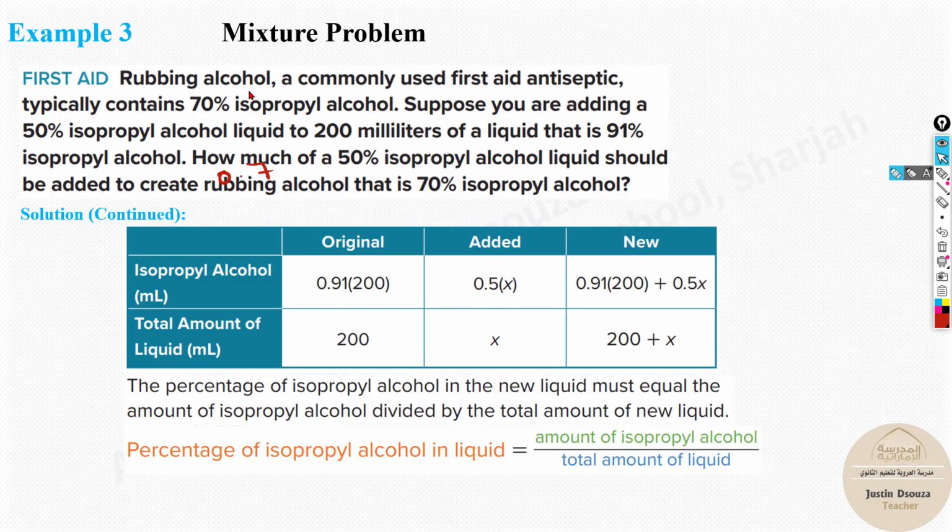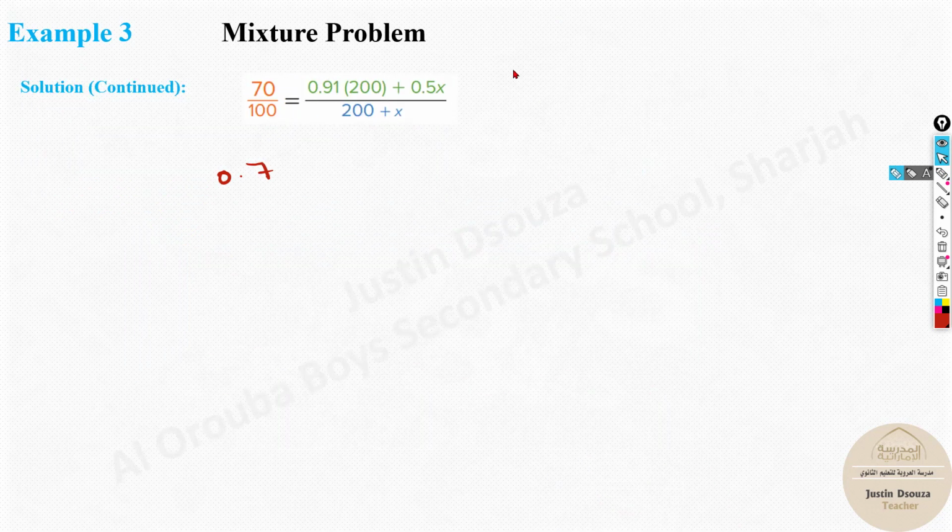If you have written all this, you can directly do this answer, I believe. But anyways, let's see the writing part. 70 by 100 is 0.7. Multiply, take it to the other side. Here it will be that multiplied with 200 plus x is equal to 0.91 times 200, which would be 182, right? But anyways, let me just use the calculator.